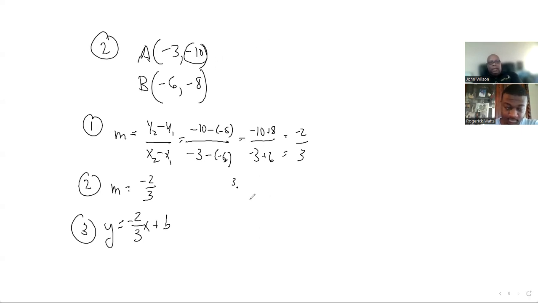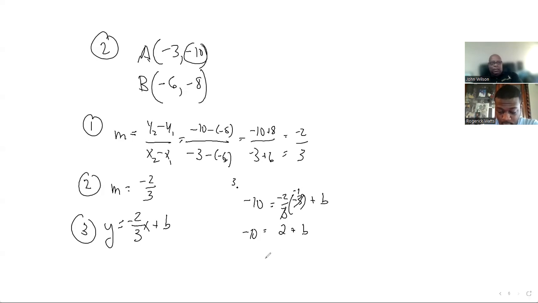So -10 is y equals -2/3 times -3, plus b. So we have -10. But look at this, the 3's cancel. 1 times -2, but minus times minus is positive, equals 2 plus b.